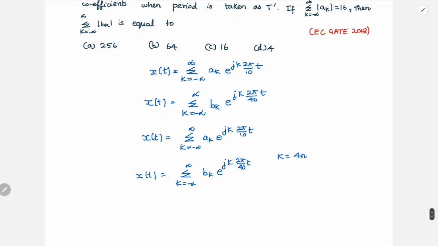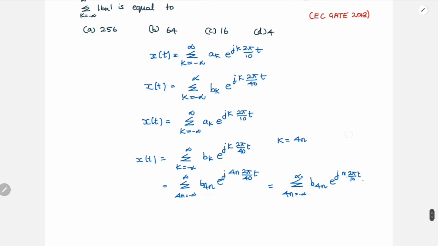If I replace k equal to 4n, then summation over 4n equal to minus infinity to infinity b 4n e power j 4n 2 pi by 40 t. So this is nothing but summation b 4n e power j n 2 pi by 10 t. Now you see this and this are the same, right? So we can say that b4n or b4k is equal to ak, right?